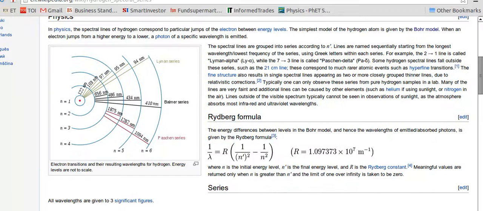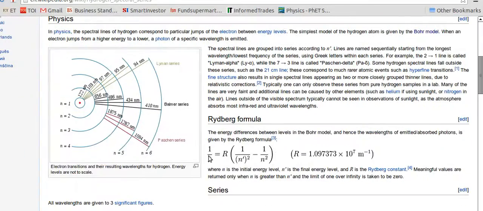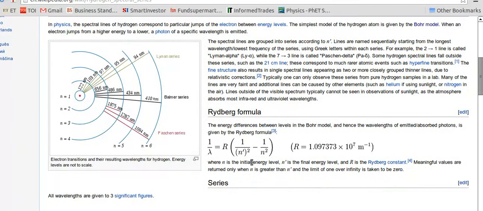And we studied that these wavelengths are related by this formula: 1 by lambda, where lambda is the wavelength of the emitted radiation, is equal to the Rydberg constant into 1 by n dash square minus 1 by n square.